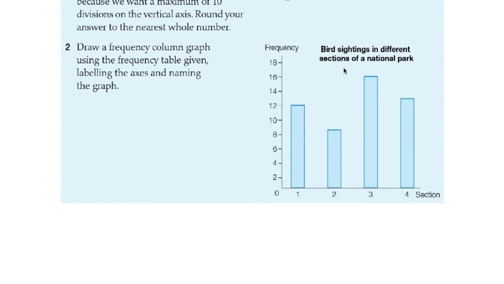Don't forget to give your column graph a title, and make sure each column is separated from the other columns. You can see the column ends up being directly underneath the label: Section 1, Section 2, Section 3, and Section 4. Example of a column graph.